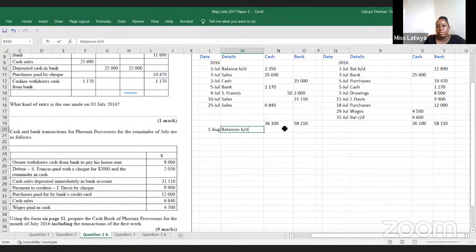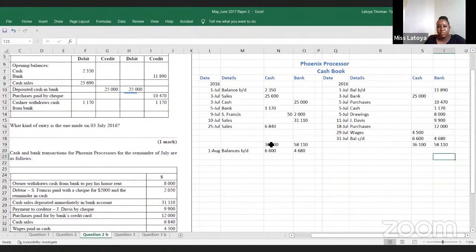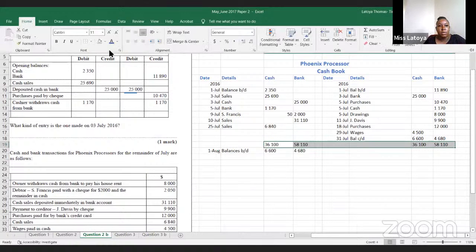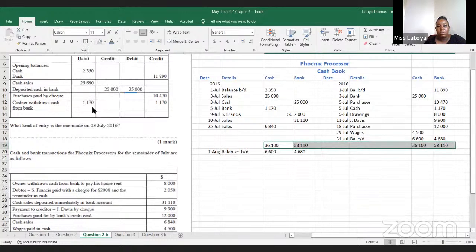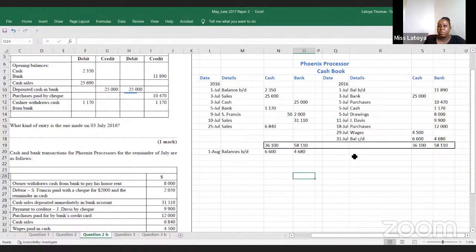And that's going to be the 6,600 and the 4,680, which is the balance carried out for this side. 4,680. Okay. Now this is it for our cash book. I hope you all are able to see it clearly. This is it for our cash book.